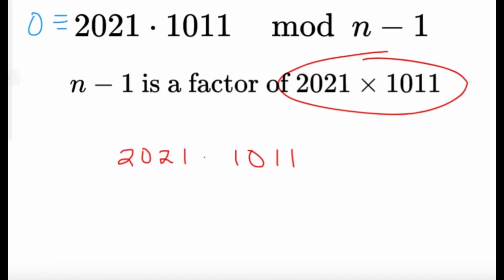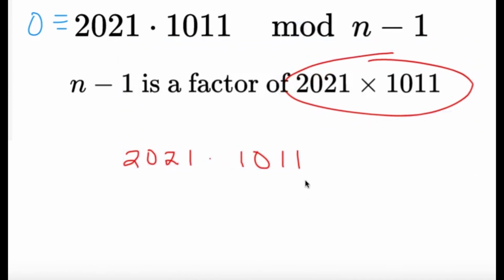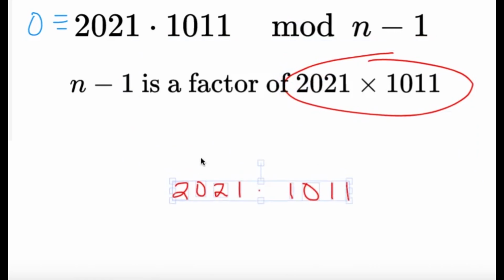Since n minus 1 will be the factor, n would just be the factor plus 1, so I don't think this will violate the fact that n is a positive integer. So we can say that the number of positive divisors of 2021 times 1011 is also going to be the number of positive integers n that work in the original statement.